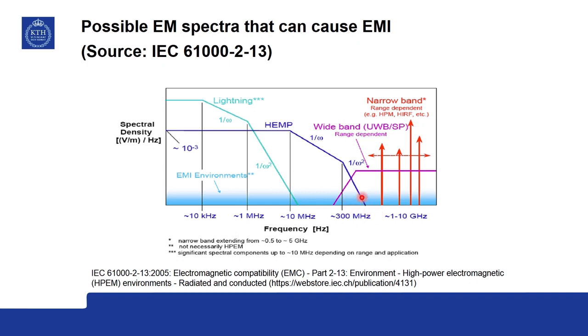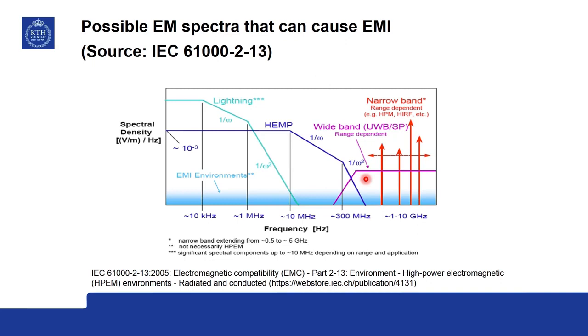Then narrow band high power microwaves, high intensity radiated frequencies, etc., come in small narrow bands or very wide band single narrow pulses. It can come over here, and cell phones operate in this kind of range where they can be susceptible to this type of frequencies.